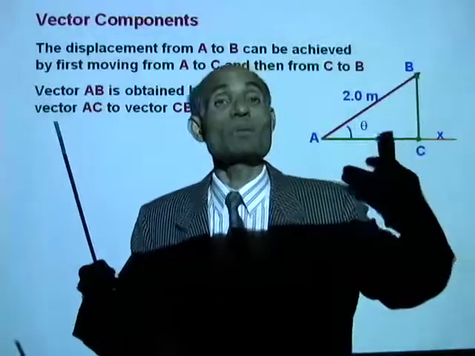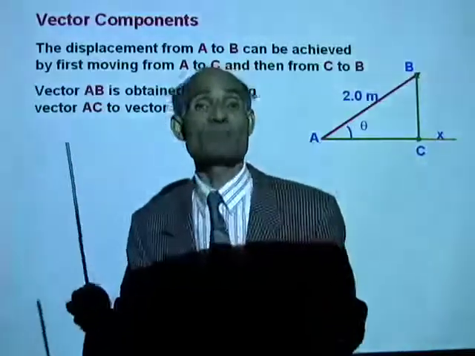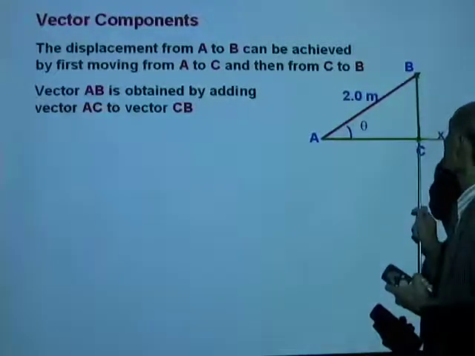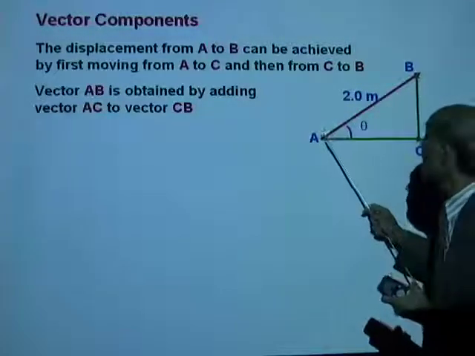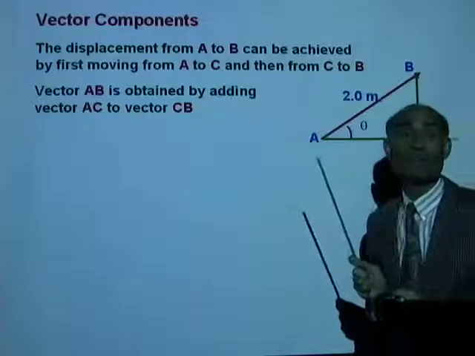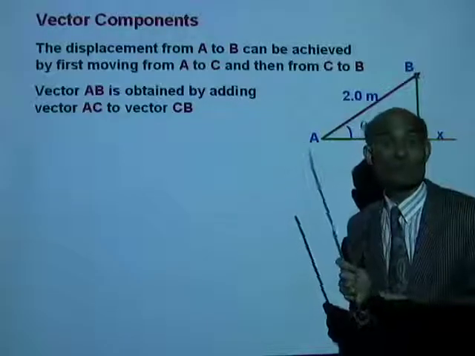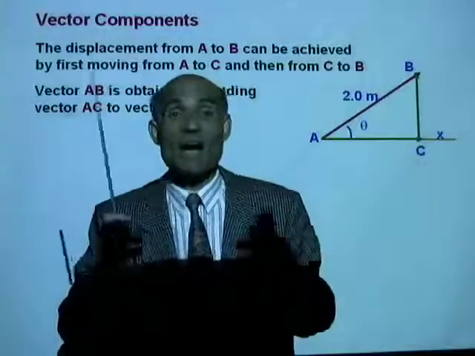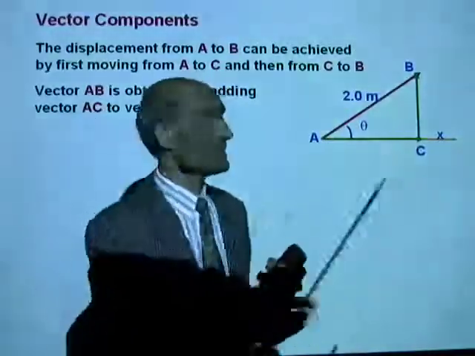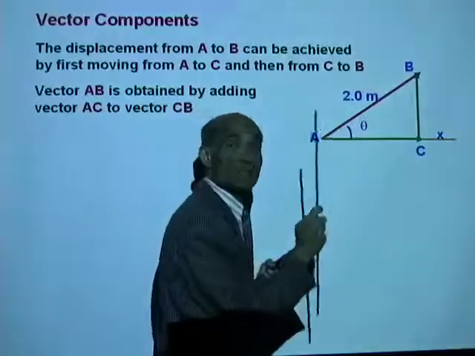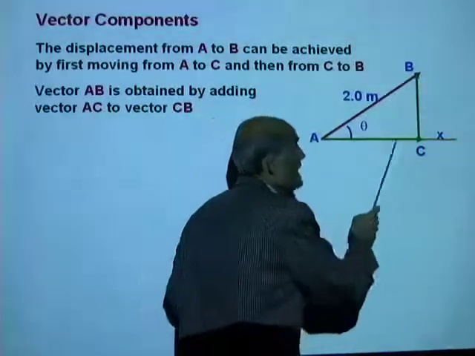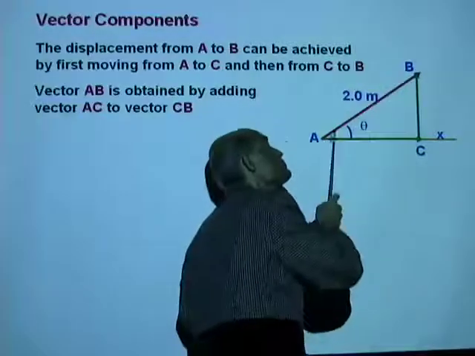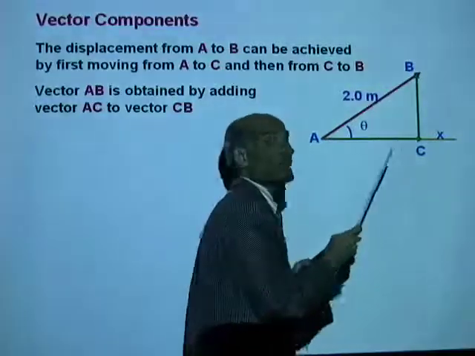We know 3 plus 2 equals 5. Now, if I add the length of AC to the length of CB, do I get the length of AB? No, I don't. Well, I am not adding the lengths of the vectors, I am adding the vectors. In other words, the result of the vector AC and the vector CB is the vector AB.